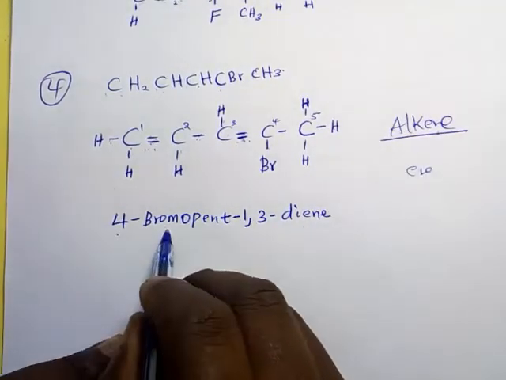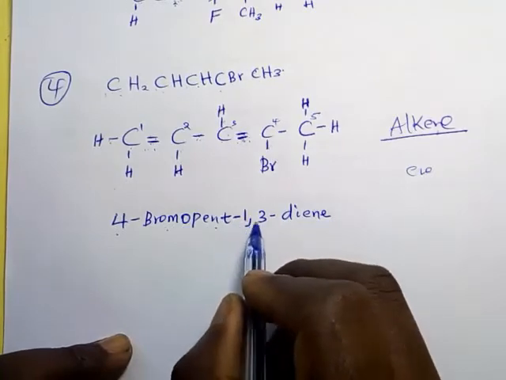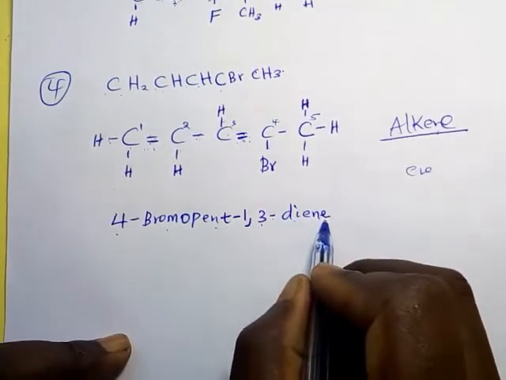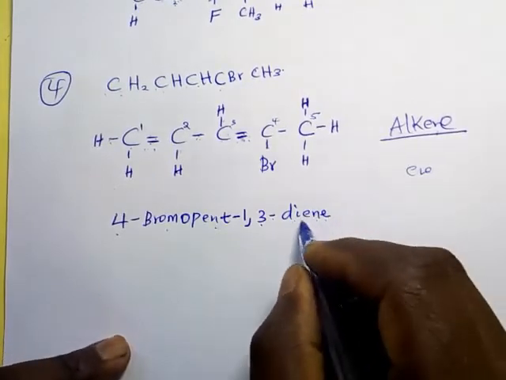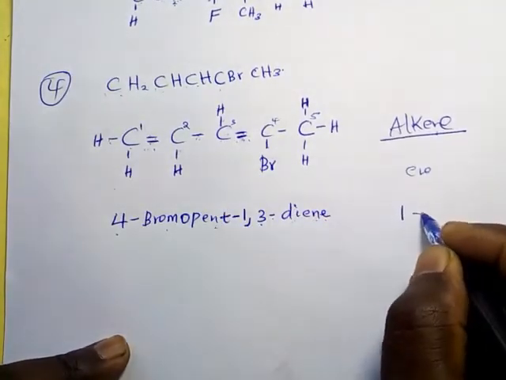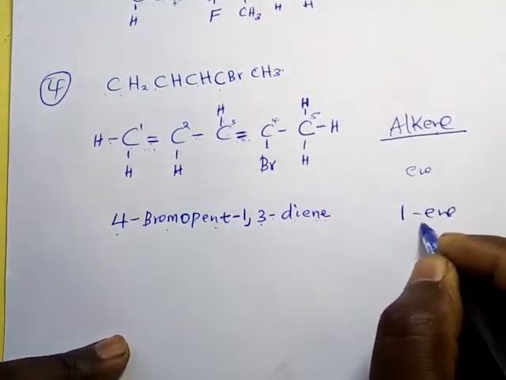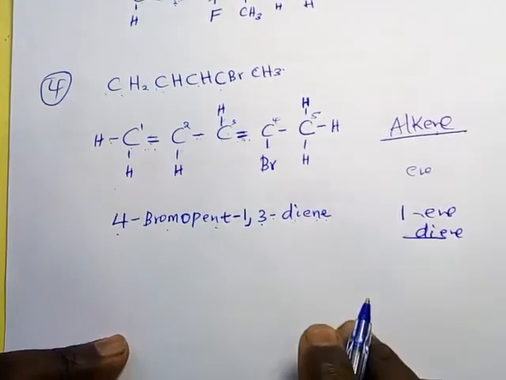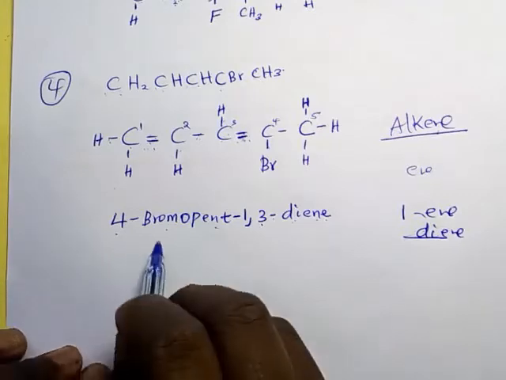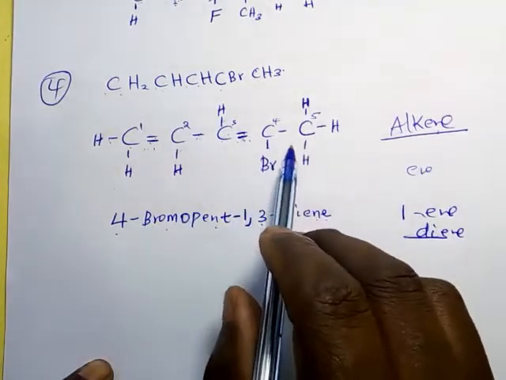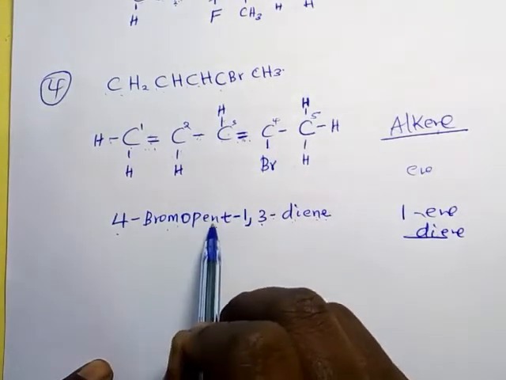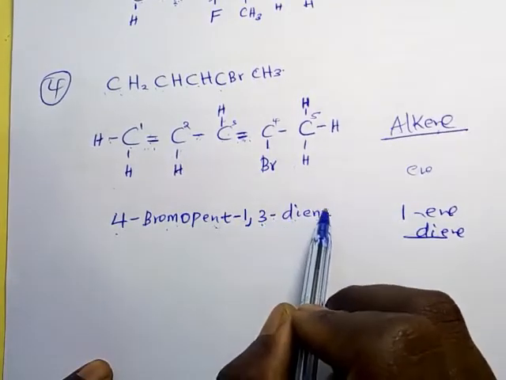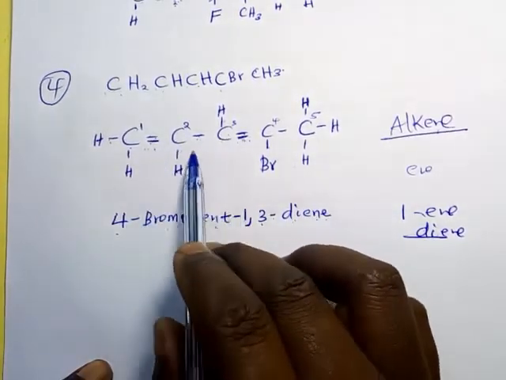So 4 bromo pent 1, 3 diene, because if it was only one bond we could say 1 ene. Because there are 2 we call diene. So this is the correct naming of this compound here: 4 bromo pent 1, 3 diene, because of the 2 functional groups.